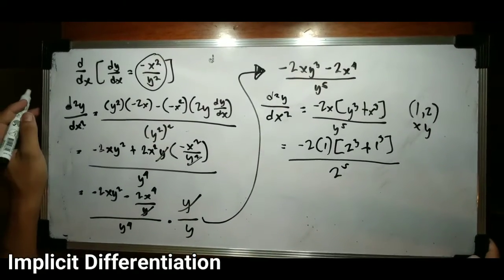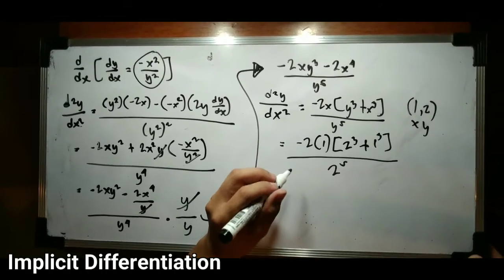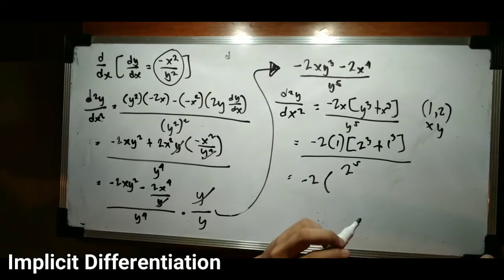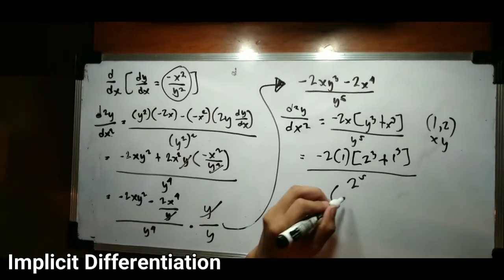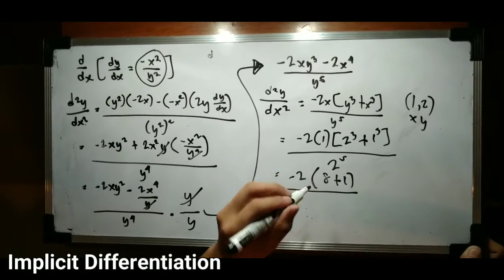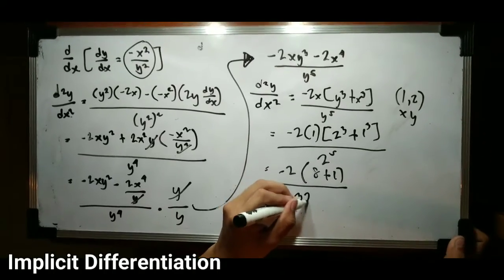So we can now simplify this as negative 2 times 1 is negative 2, then 2 cubed is equal to 8, then 1 cubed is equal to 1, over 2 raised to 5 is equal to 32.